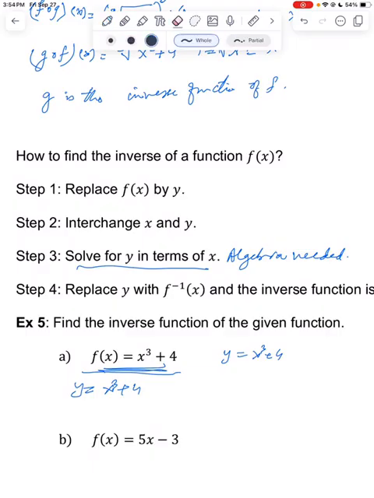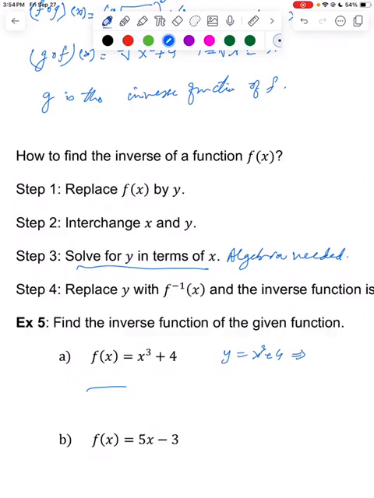In this one, the first step I have shown is replacing the f of x by y. And then what is the next step? I interchange x and y. So y will be replaced by x, and the x is replaced by y.